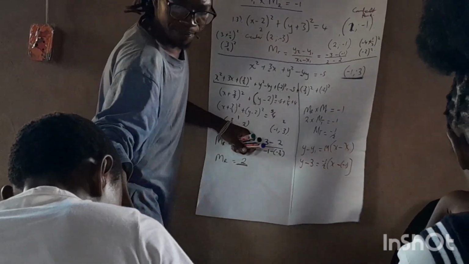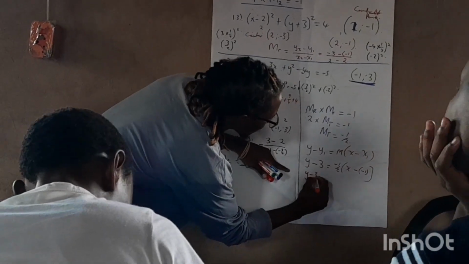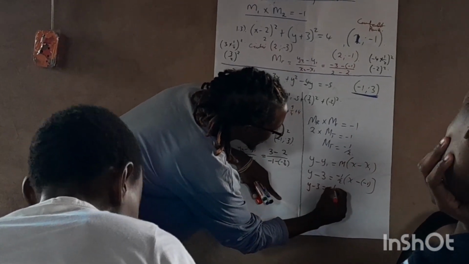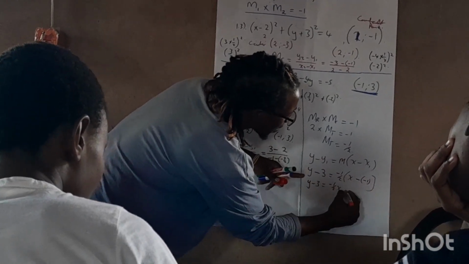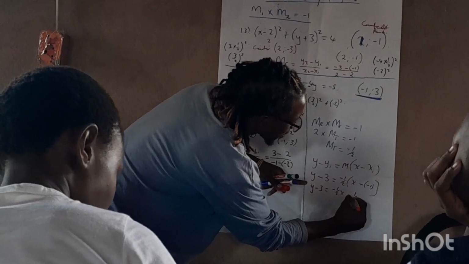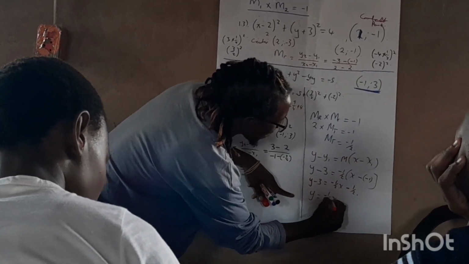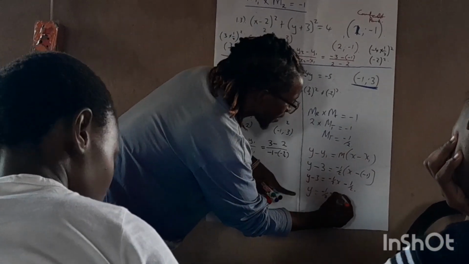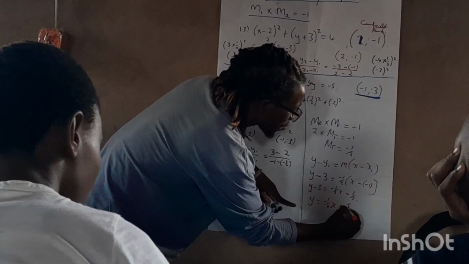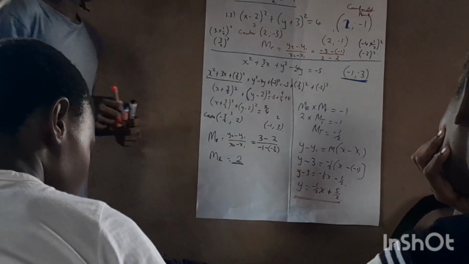So what do we have? We have y minus 3 equals negative half x. This one will become positive, so this will be minus half. So y equals negative half x, negative half plus that will give us plus 5 over 2. And this will be our equation of a tangent.